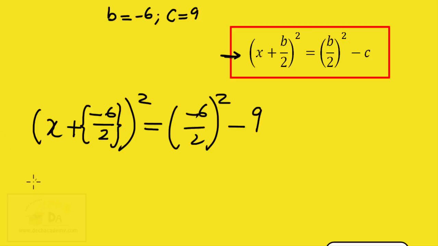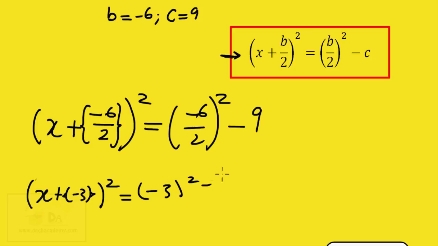So we have x plus minus 6 over 2, squared. Minus 6 over 2 is minus 3. So almost done. x plus minus 3, plus times minus is minus, so we have x minus 3 squared equals, what's minus 3 squared?